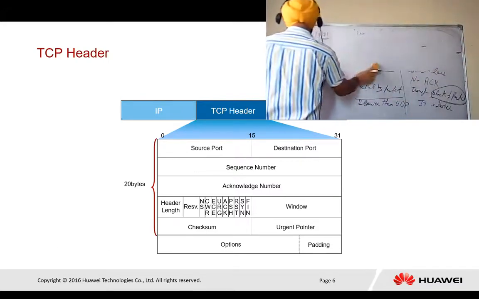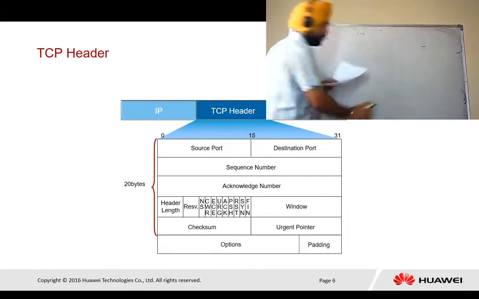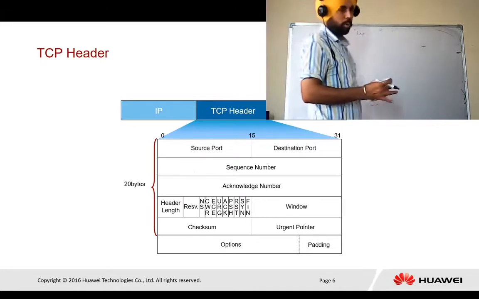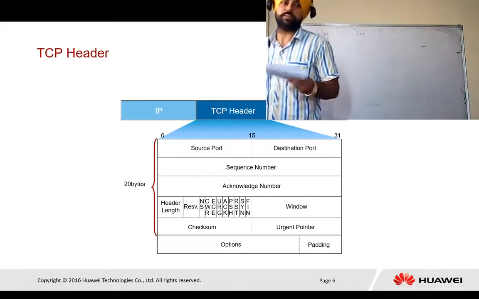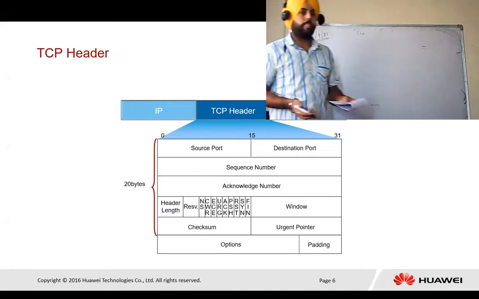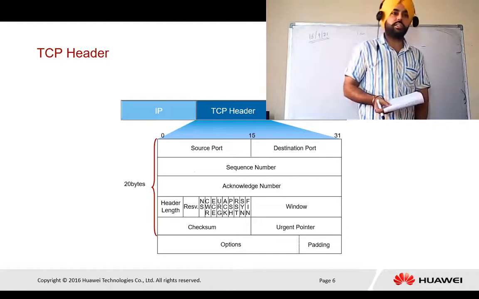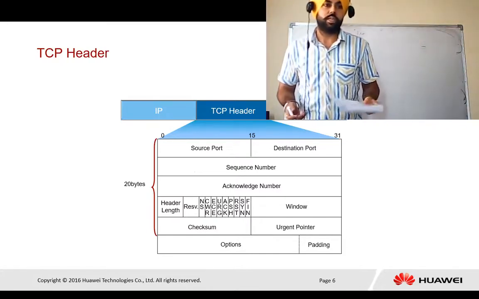So in the TCP header, we have first the source port number. Source port number means when we transfer the packet, our source port number travels with the packet, and the same goes for the destination port number. After that we have the sequence number.